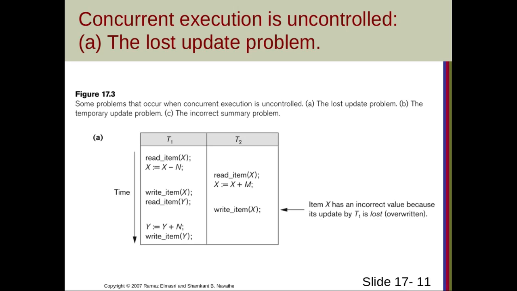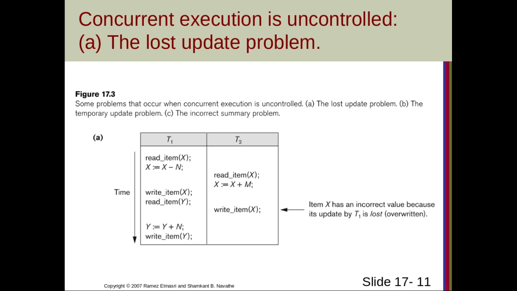After T1, if you are doing T2, after execution of T1, write item x will be 90, and now if you are incrementing that in T2 by 20, that should be 110.